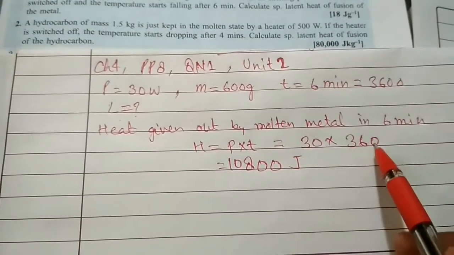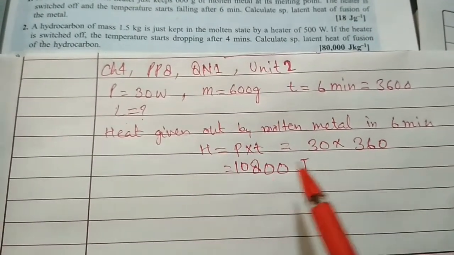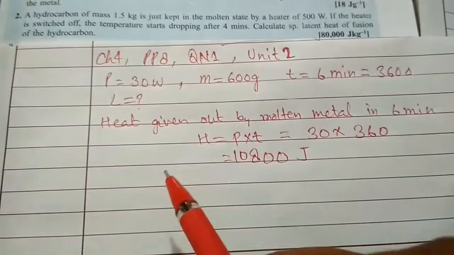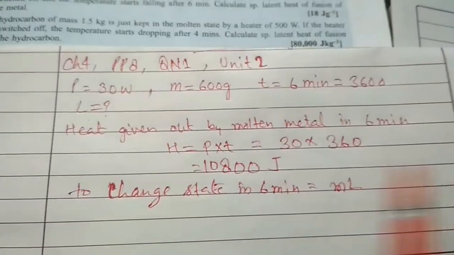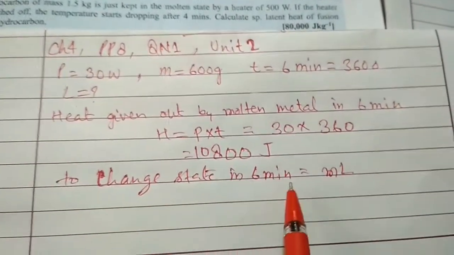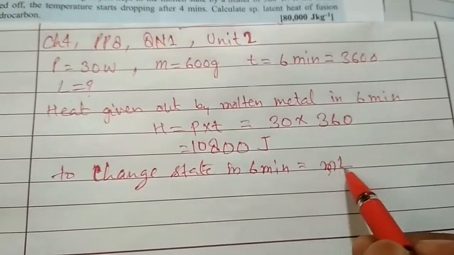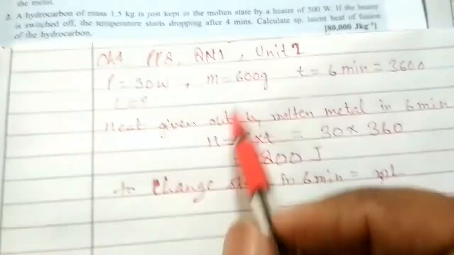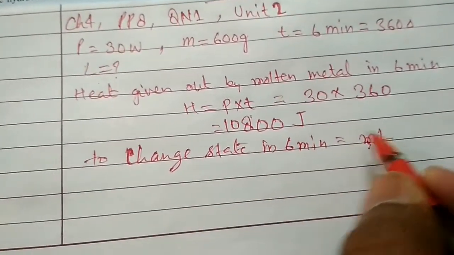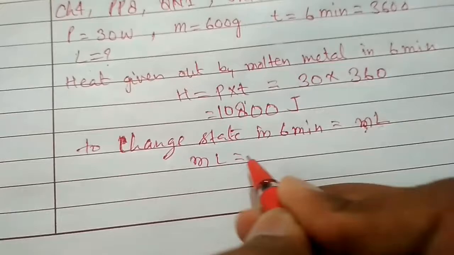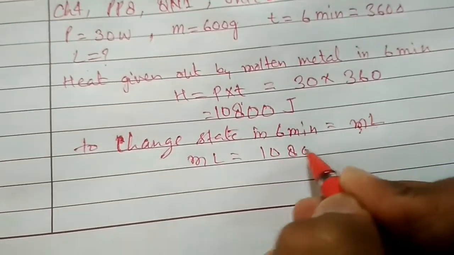And in this time, in 6 minutes, it was changing to solid, means it was changing state. So again, I'm writing heat given out to change the state in 6 minutes, that is mL. We have to calculate L. We know the mass, 600 gram. So m into L is equal to 10800.